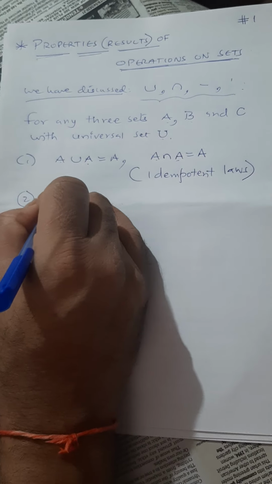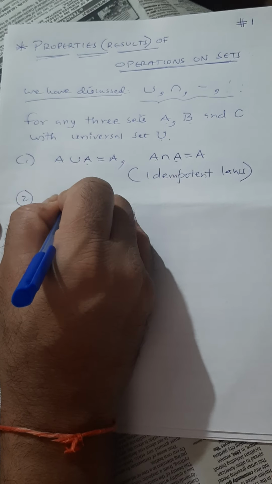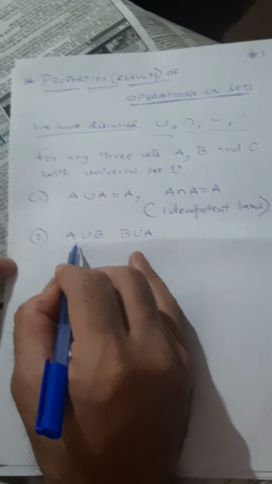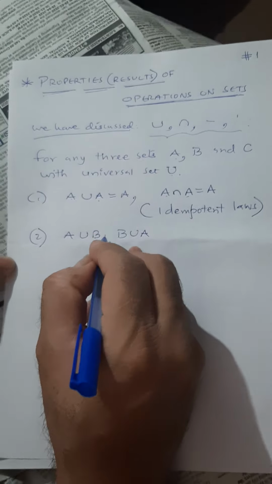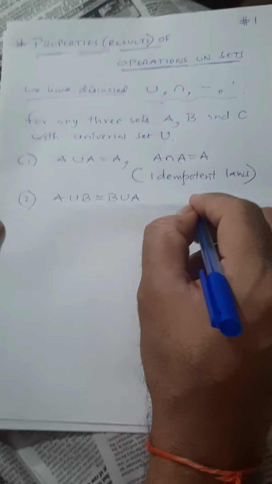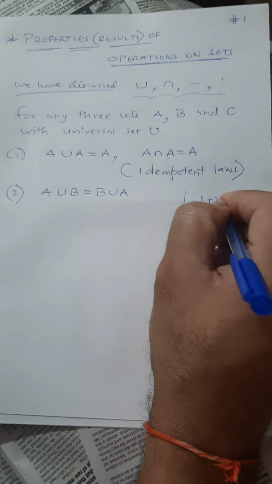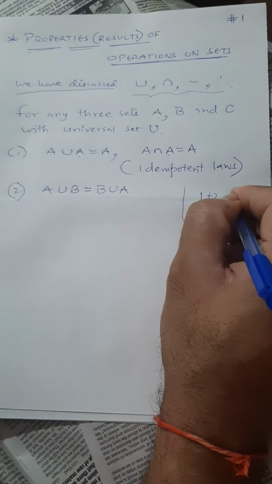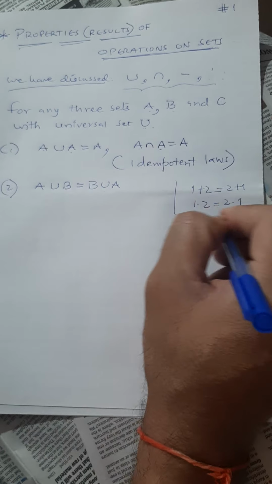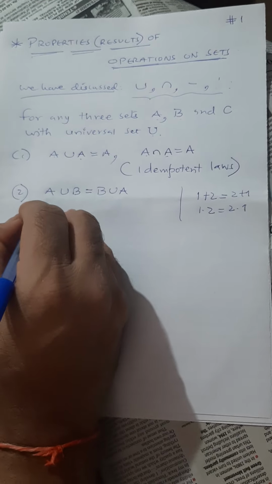The next one, I'll find A union B and B union A. So I'm just changing the order. You can see that these two are always equal. It's like our addition. If you find 1 plus 2 and 2 plus 1, these two are always equal. 1 into 2, 2 into 1, always equal. Same way for union operation.